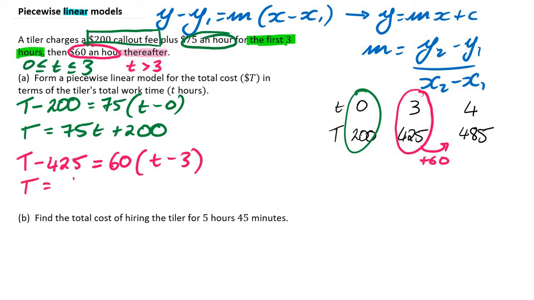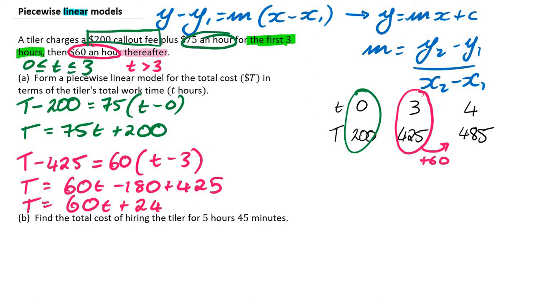Rearranging that gives us C equals 60t plus 245. So those are the two sections. Final step is to write this as a piecewise linear model.